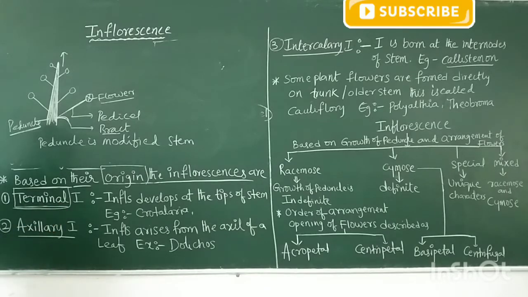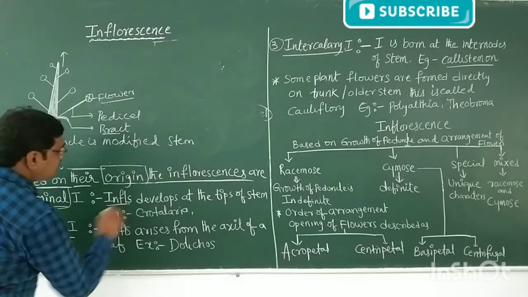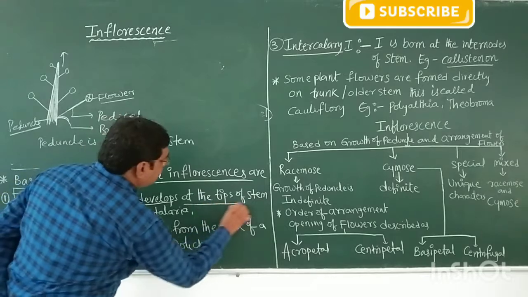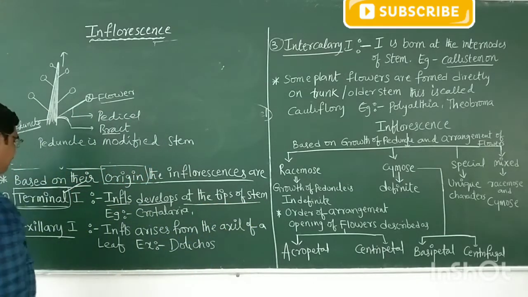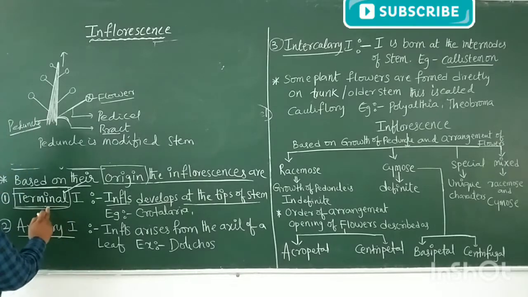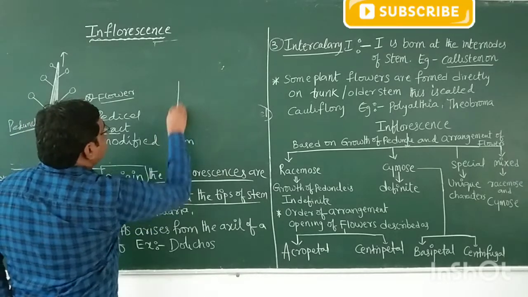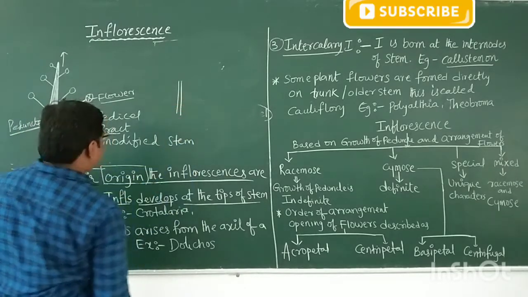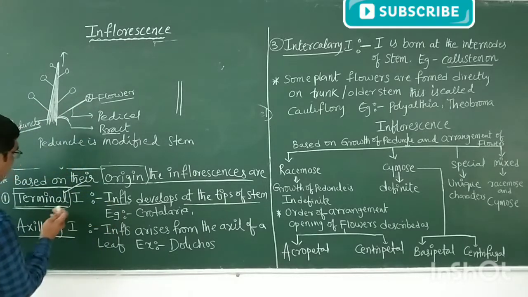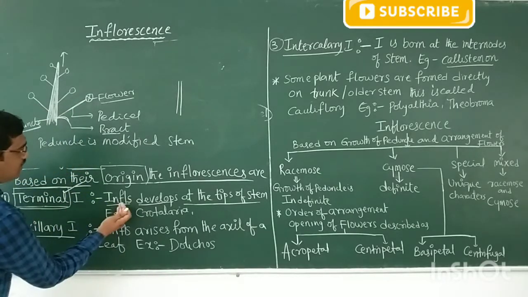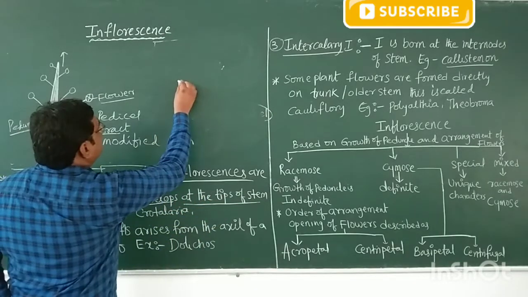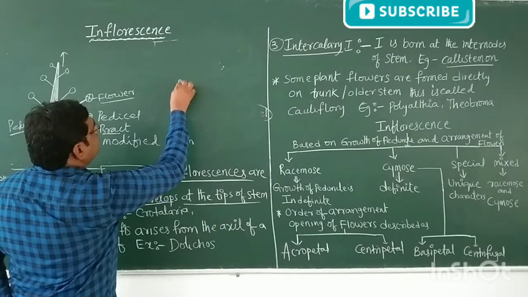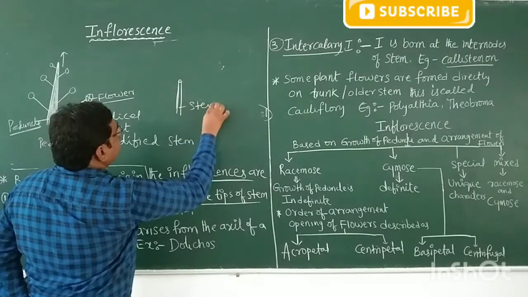What is the terminal inflorescence? The inflorescence that develops at the tip of the stem is called terminal inflorescence. For example, this is a stem, and this is the tip of the stem.